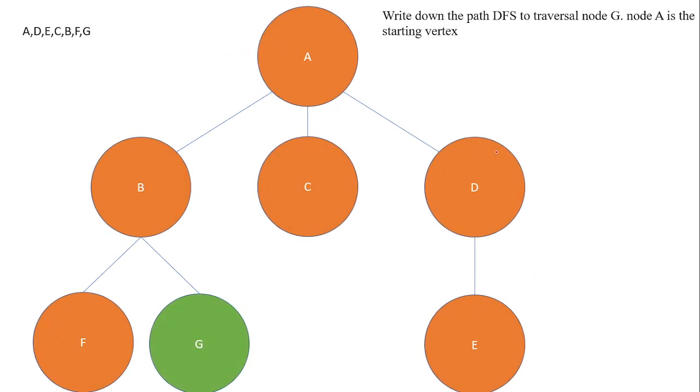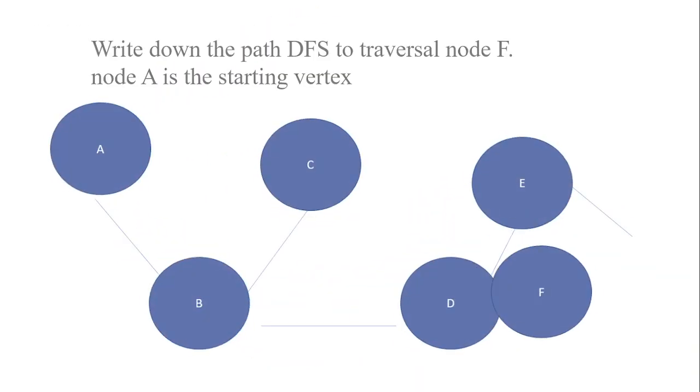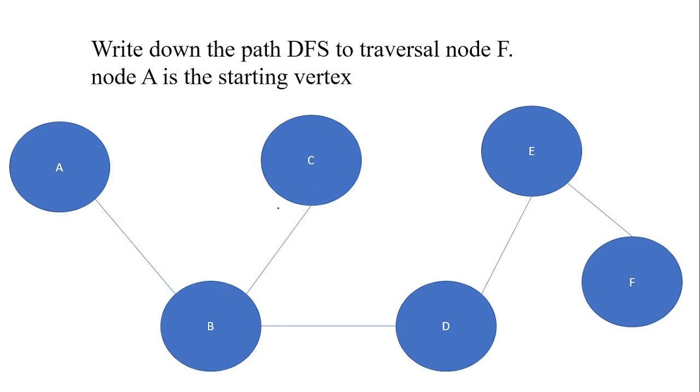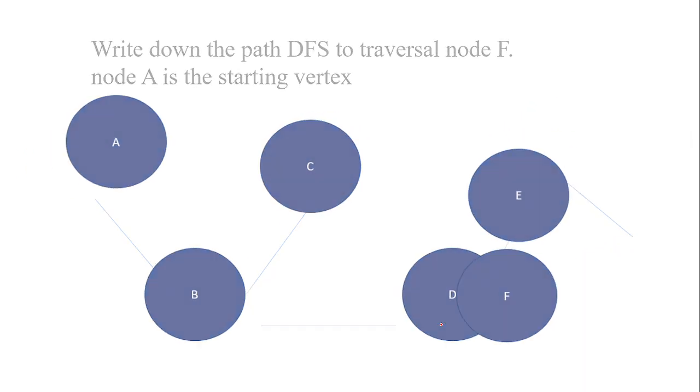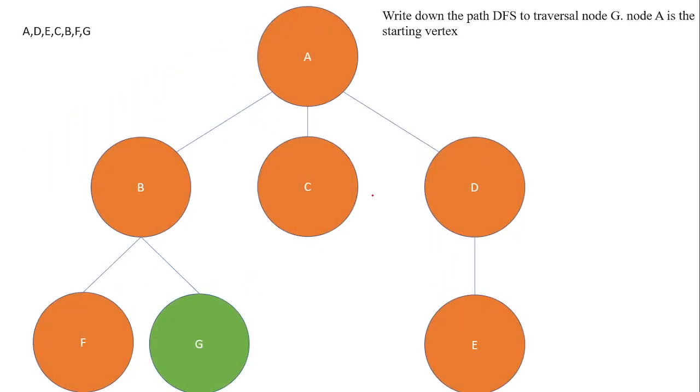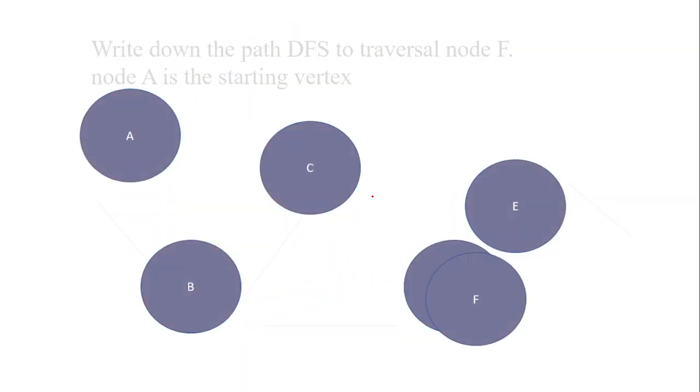A went to C and came back again to B. In this case, same like C, and again you have to come back to B. Then you have to go to D. All right, got the point? Yes.